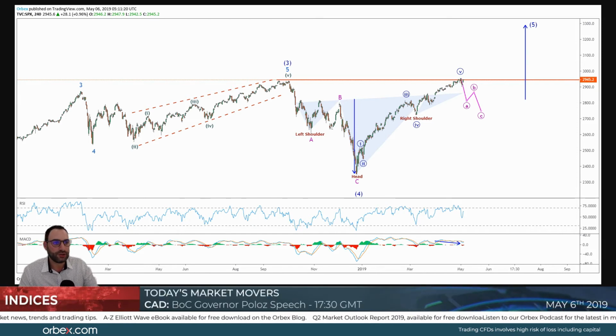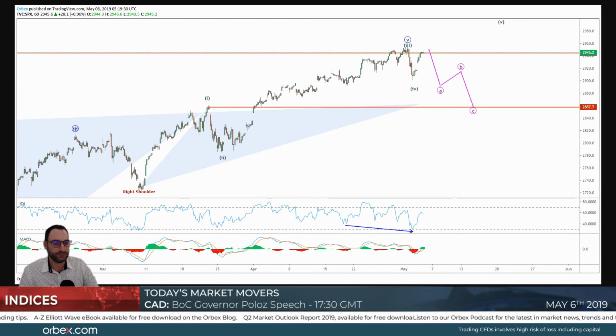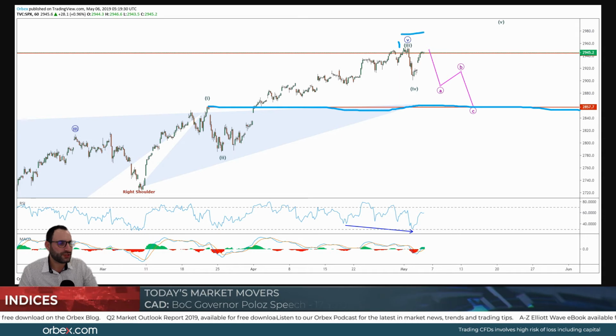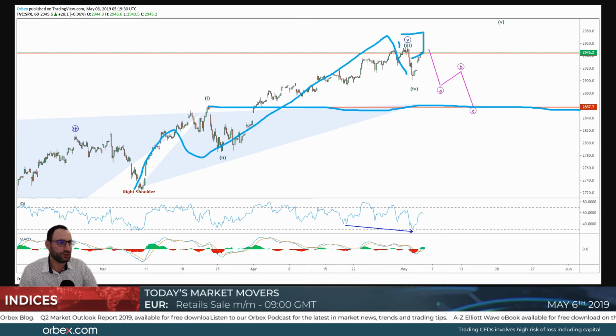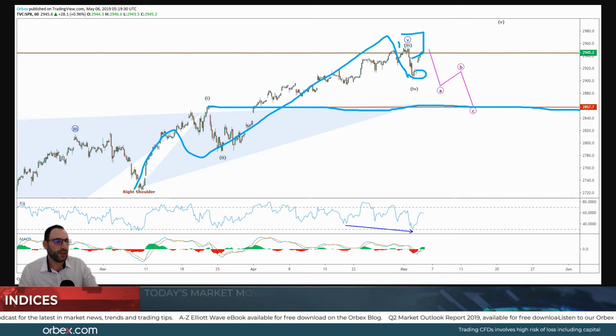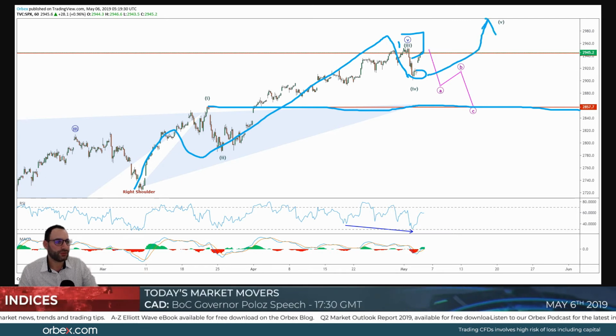Now on the 1-hour chart, let's have a look at what we see there. So we received the correction here, but the thing is that we're still sitting in an impulse wave to the upside. So in my opinion, we are expecting another wave to the upside.